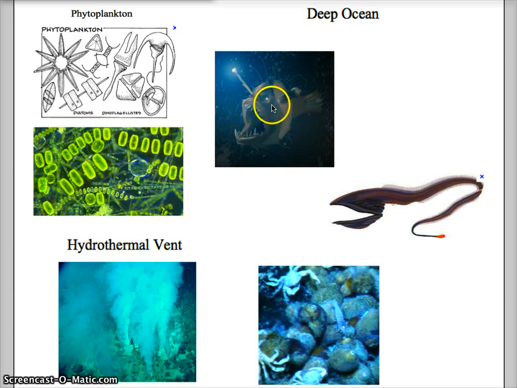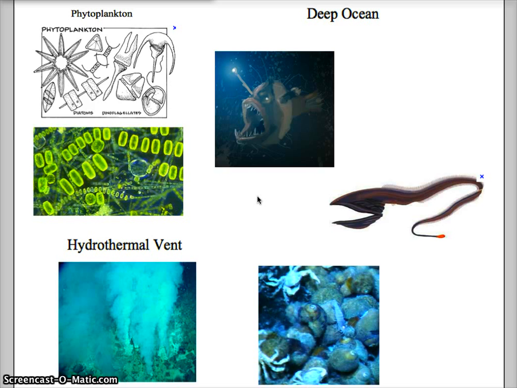For example, this anglerfish here, it's anglerfish, not angelfish, has a little something that sticks out the top, which glows in the dark. What it's meant to do is attract other fish around it so it can just come eat them up. I think you may have even seen a little bit of that in a movie or two.